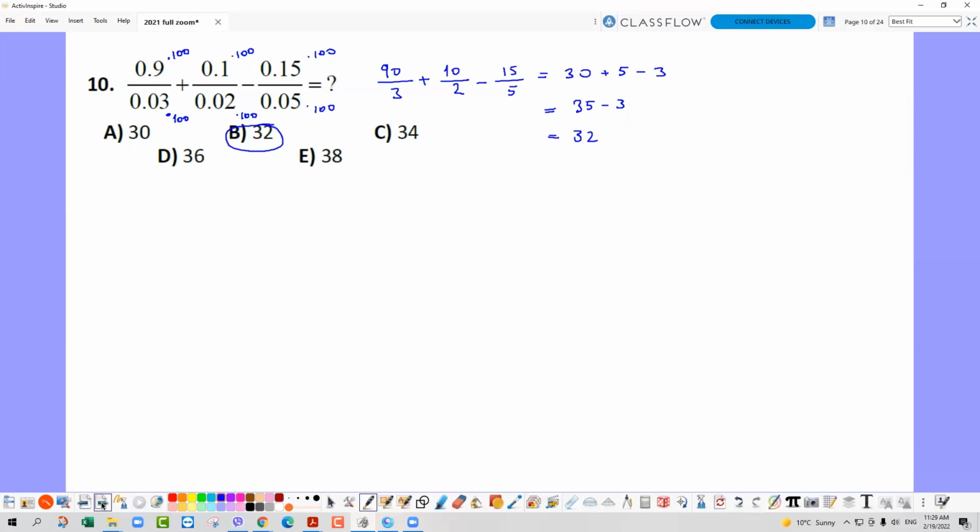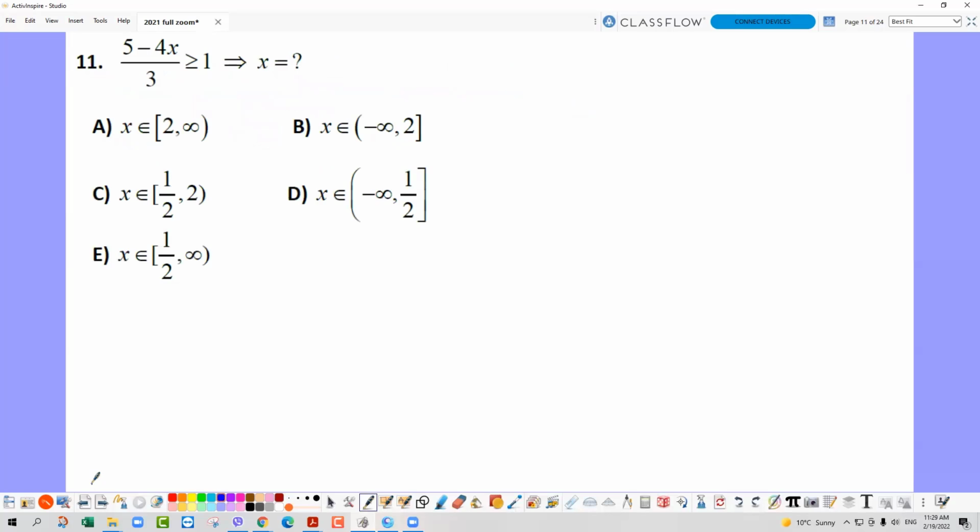Okay, if we continue with the next question. Here, this is an inequality question, and if it is a linear inequality, we solve it with a similar solution to equations. Since it is linear, we are going to do the same operations.